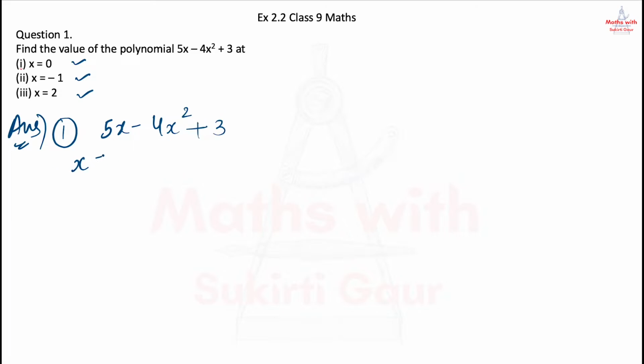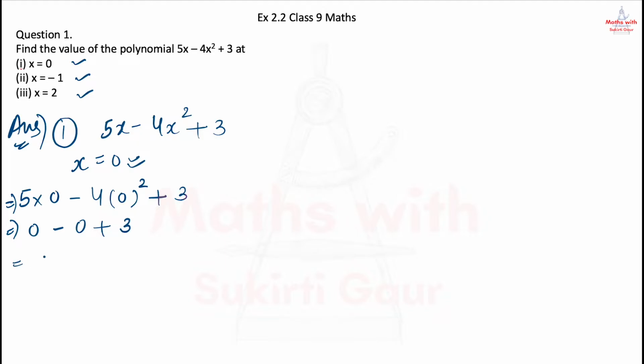Now putting x equals to 0, we just have to get the value of this polynomial at x equals to 0. 5 into 0 minus 4 into 0 square plus 3. Solve it. 5 into 0 will get 0, minus 4 into 0 again will get 0, plus 3. So the answer is 3 for the first part.